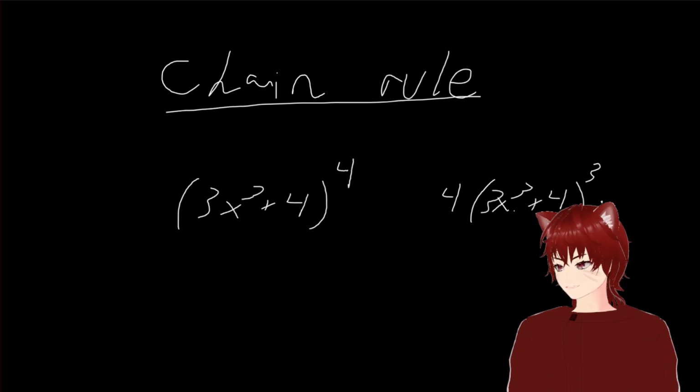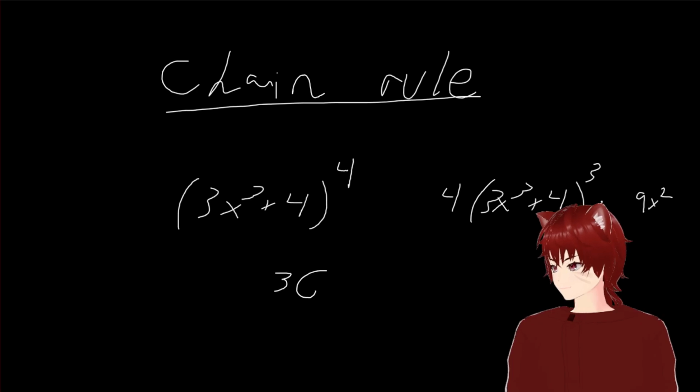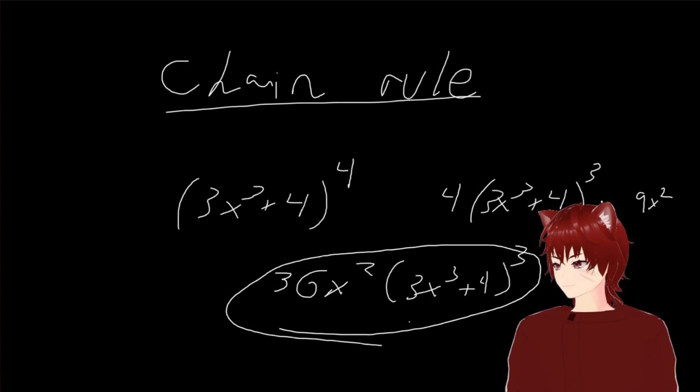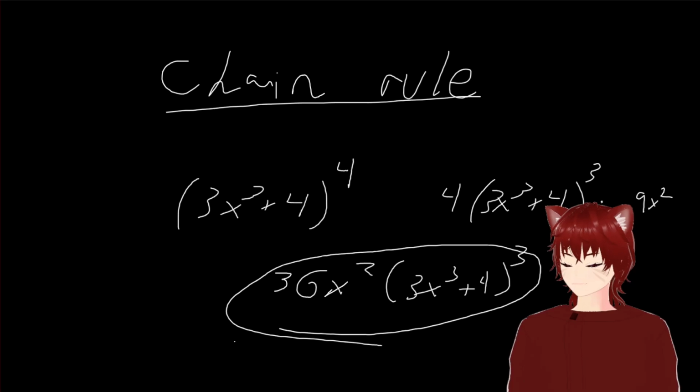So the derivative of 3x to the third plus 4 would be 9x squared. So our final answer would be 36x squared times 3x to the third plus 4, all that to the third, and this would be our final answer for this derivative using chain rule.